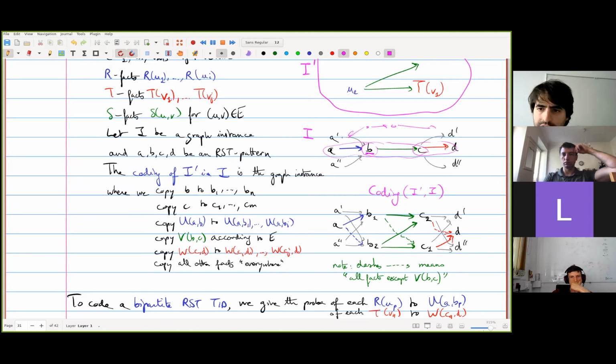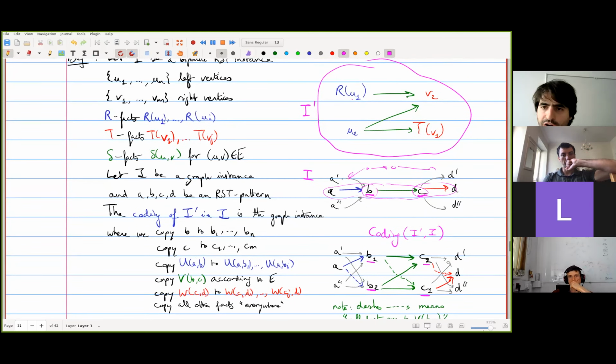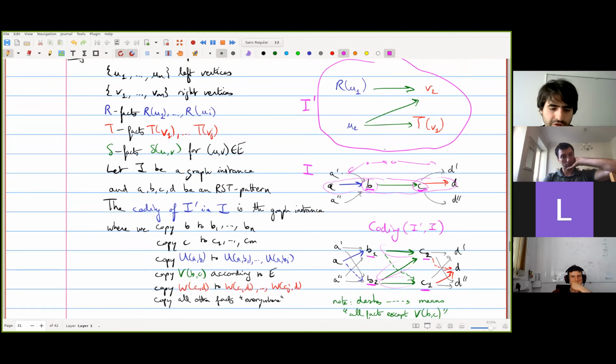You see that B has been copied to 2 places and C has been copied to 2 places. Why is this? It's because in my bipartite graph, there are 2 vertices to the left and 2 vertices to the right. The green fact has been copied according to the edges of the bipartite graph.